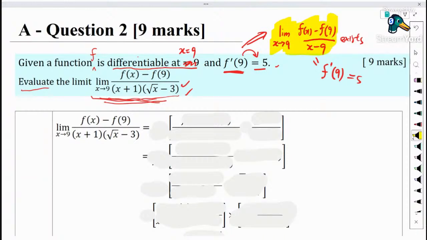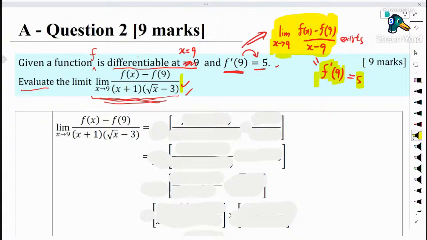If we are able to relate them, then this limit highlighted in yellow can be converted into f prime 9 and further substituted to become just 5. So in other words, we do mathematical adjustment to get the limit highlighted in yellow, so that we can apply the information here to substitute it as 5.